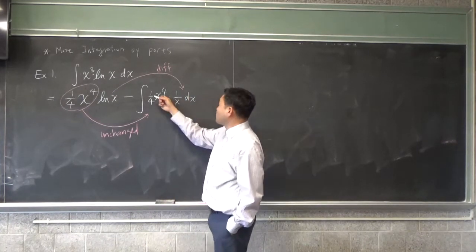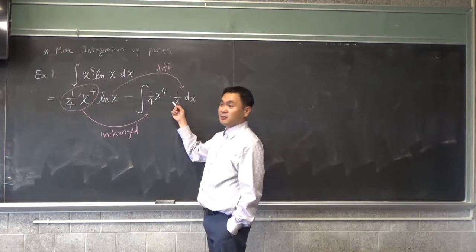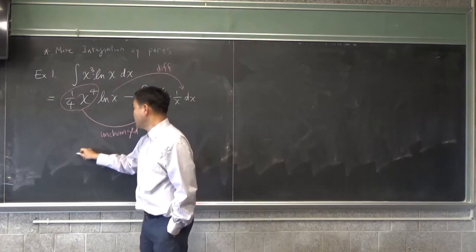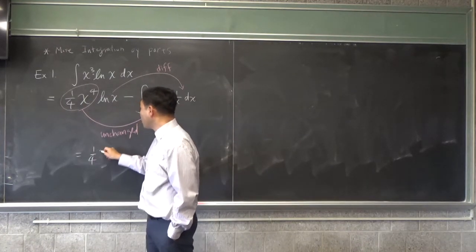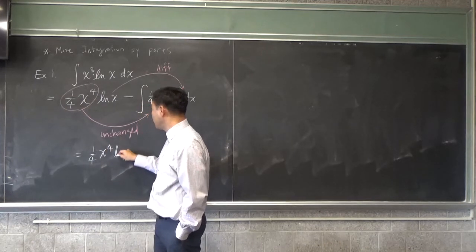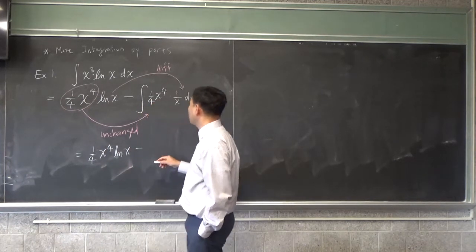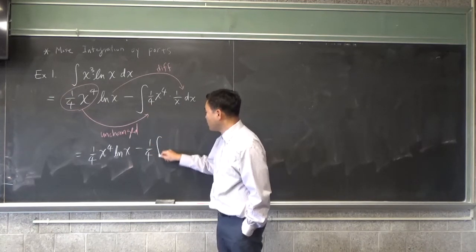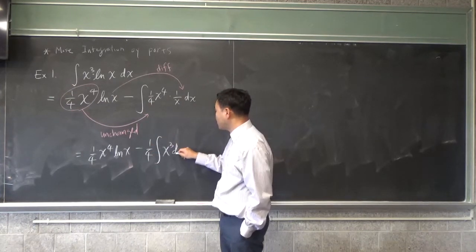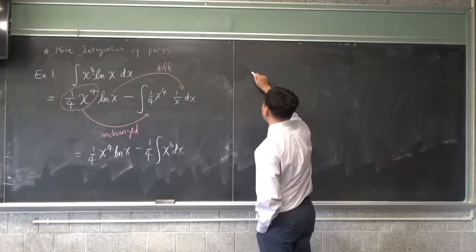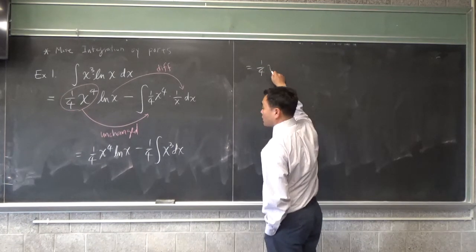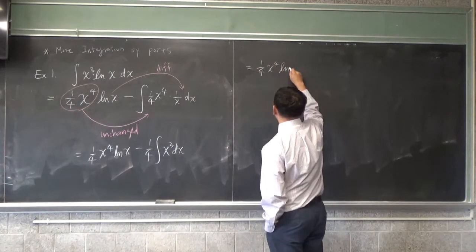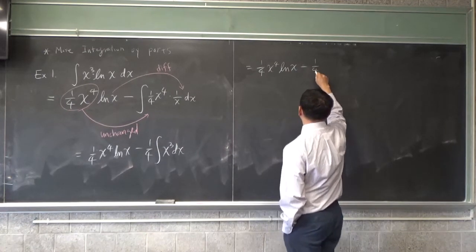And then x to the 4th divided by x is? What is x to the 4th divided by x? X to the 3rd. And you can pull the 1/4 out, so you're integrating x to the 3rd dx, so that it's 1/4 x to the 4th ln of x minus 1/4.